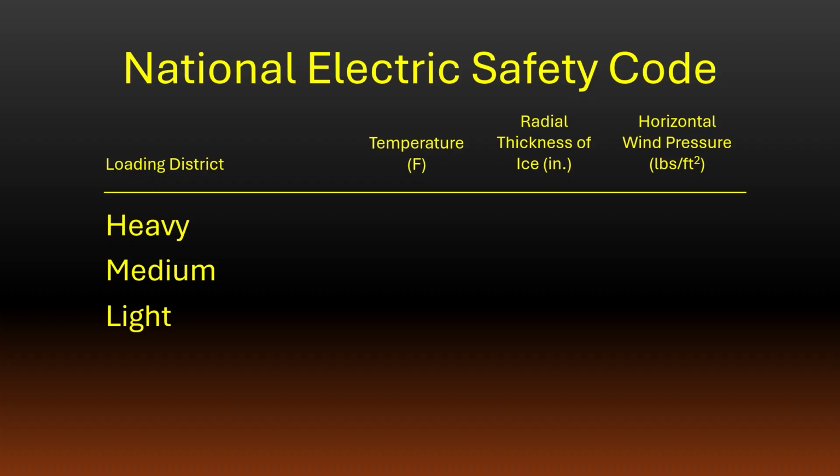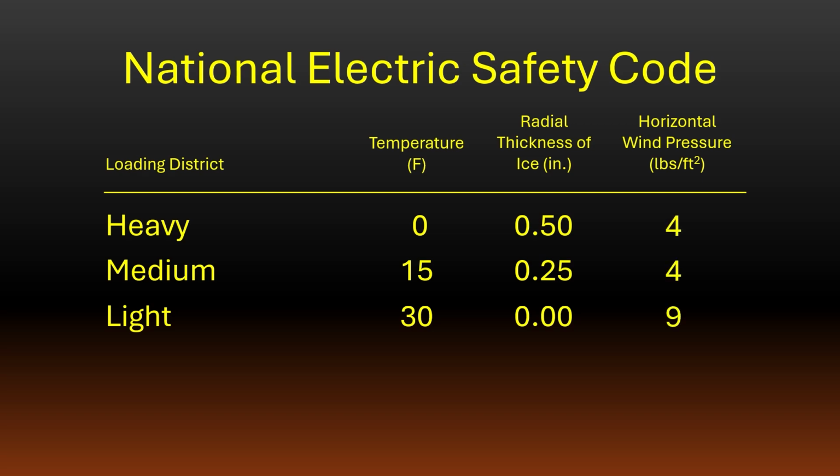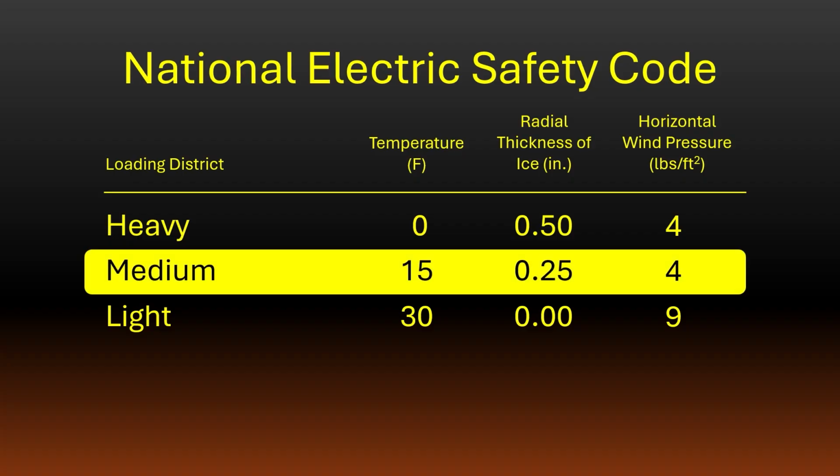They've created heavy, medium, and light loading districts, each with different design parameters that poles installed in these districts should be modeled to withstand. For example, a pole installed in the medium loading district should be designed to withstand temperatures down to 15 degrees Fahrenheit, a radial thickness of ice buildup on the conductors of 1/4 inch, and a horizontal wind pressure of 4 pounds per square foot.